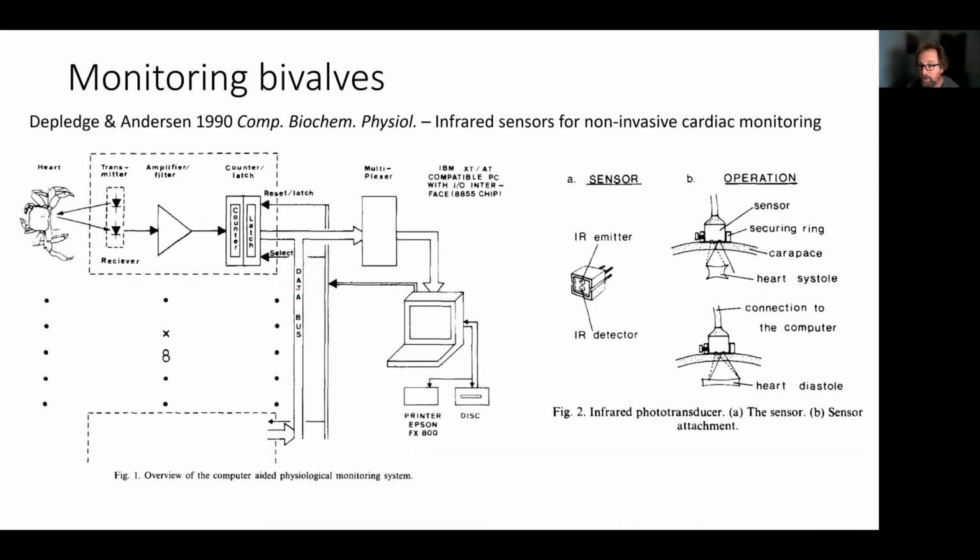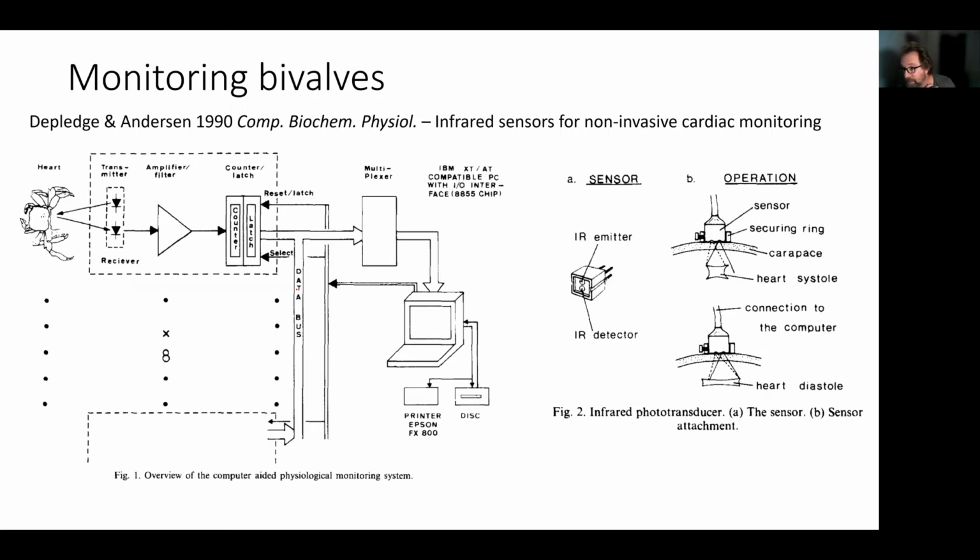Now, folks have also been measuring heart rate over the last several decades, initially using methods that required drilling holes in the shell in order to measure the electrical signal of the heart contracting.